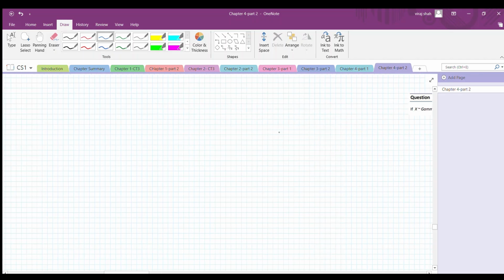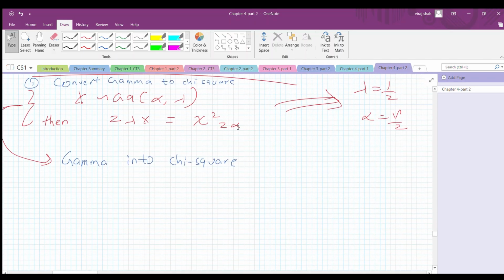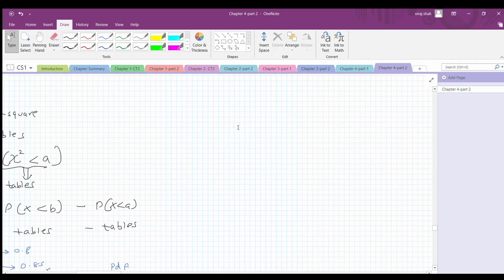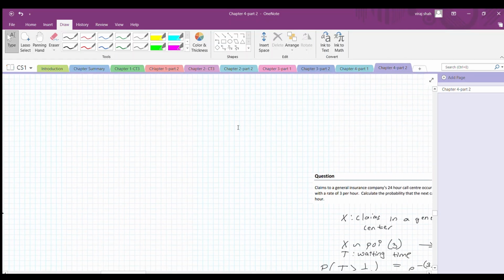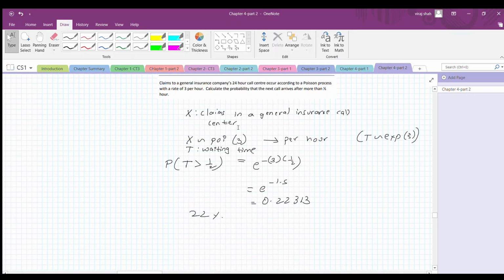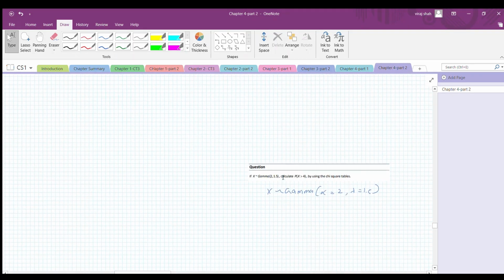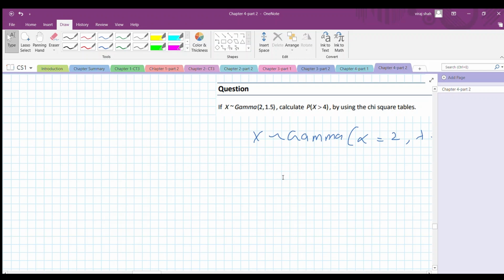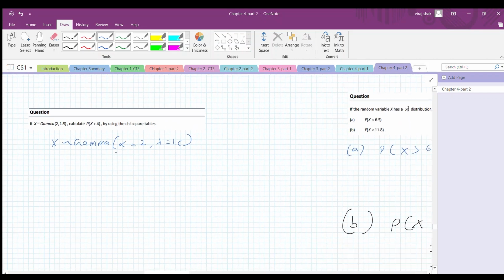What was the formula I wrote? 2 lambda x is equal to chi square 2 alpha.